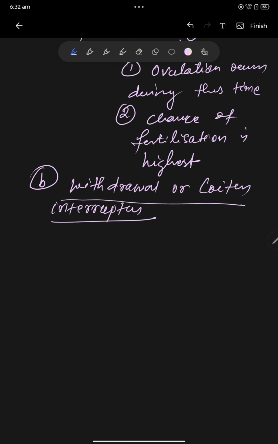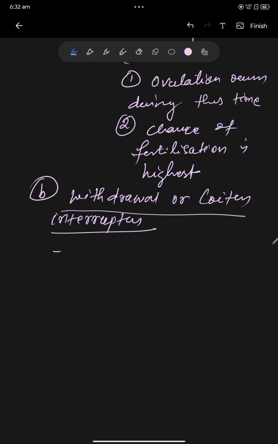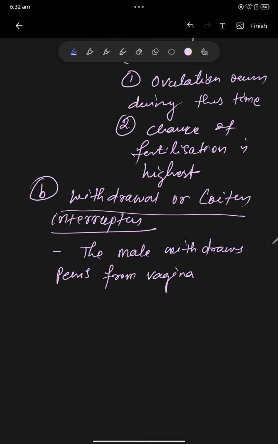Here what happens? The male withdraws the penis from the vagina just before ejaculation.